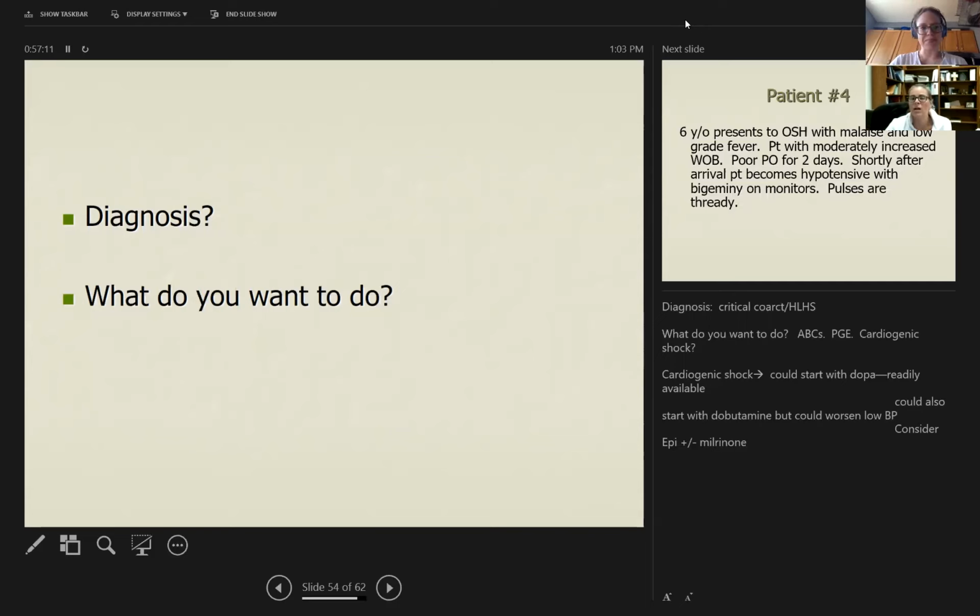If you're worried about cyanotic congenital heart disease or ductal dependent lesion, you're going to start your epi to get the circulation supported, and you're going to order the prostaglandin right away as well. This is a baby that would have like a critical coarct. This is a baby who could have hypoplastic left or Shone's complex. That's sort of what they're going to look like. They're going to look like that pink kind of shocky kid at first.